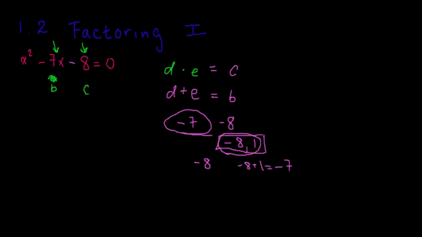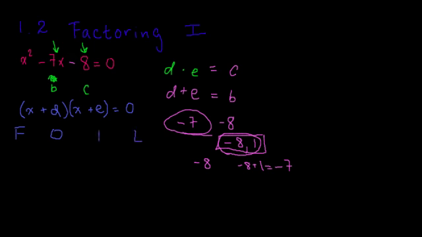How does this help us? Well, now we put this like so. And the rule is we put x plus d in one of them, and x plus e in the other. In Algebra 1, you should have learned how to FOIL things, but that's multiplying two binomials. That's first, outer, inner, last.